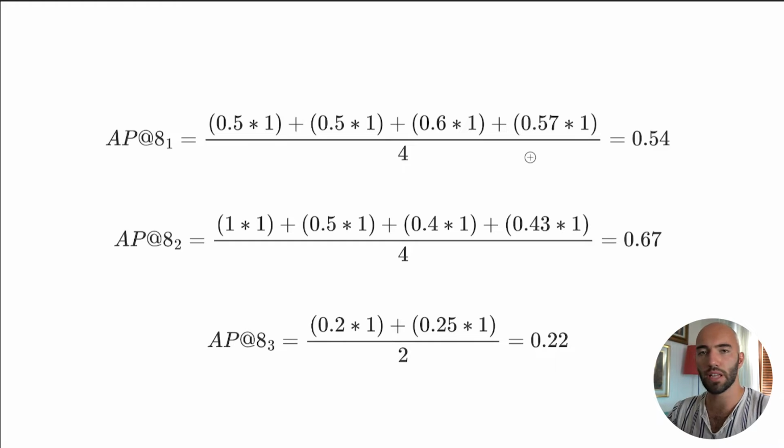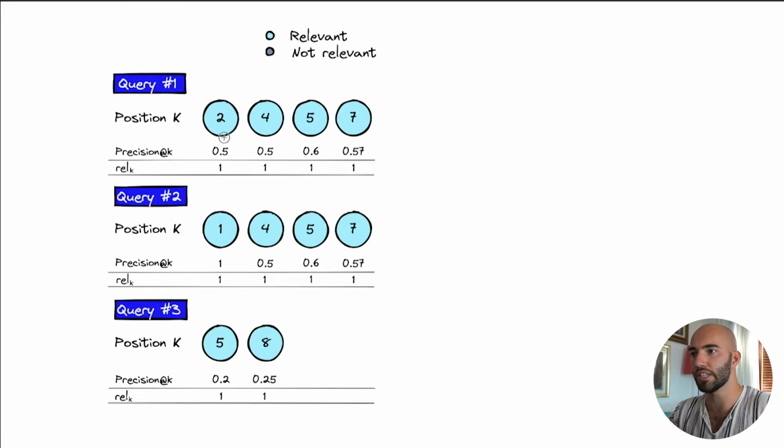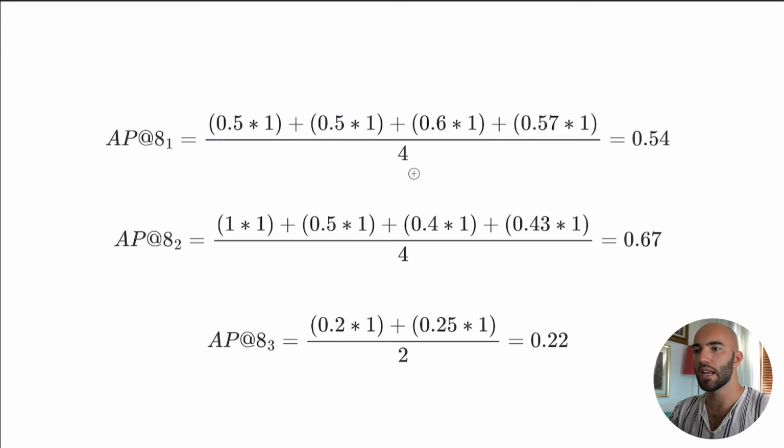So in the end, we take all of those values. You see 0.5, 0.5, 0.6, 0.57, which are the precision values that we get here. And we just divide them by the number of relevant results that we've returned, which is 4. And that is our average precision value.